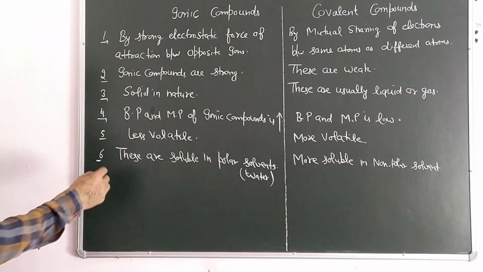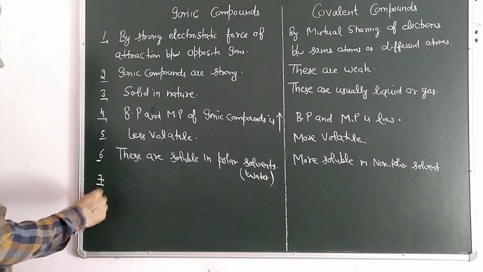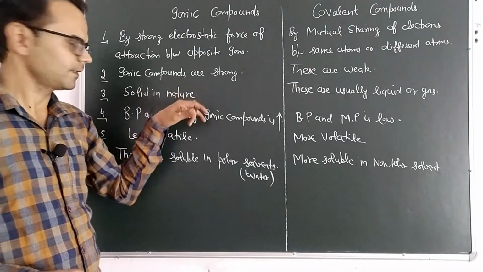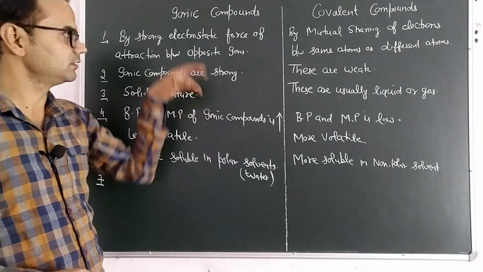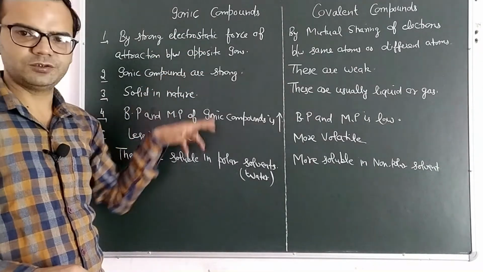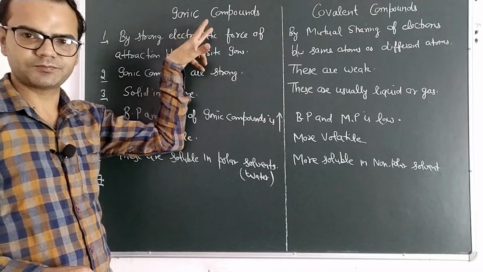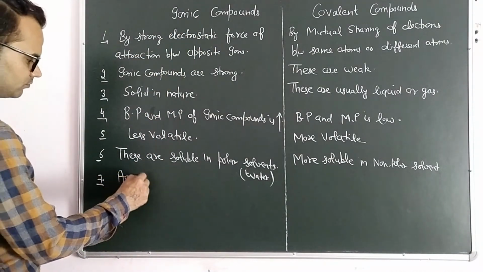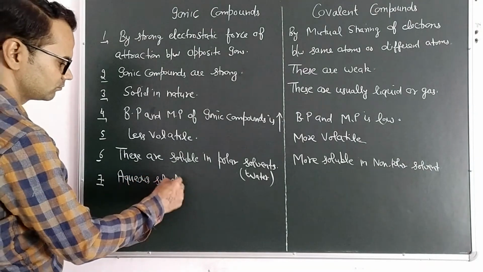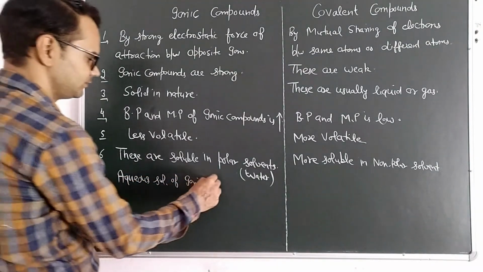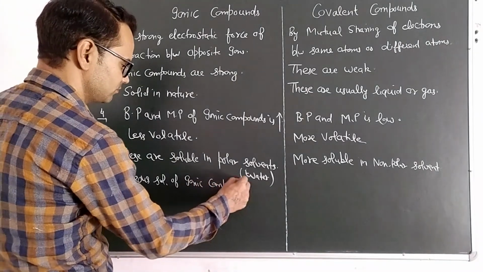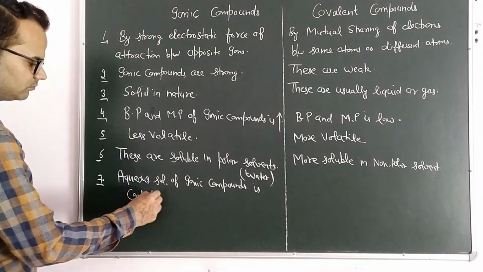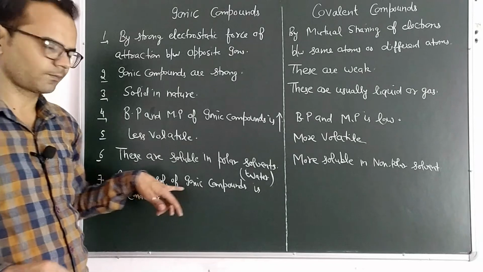Next, if ionic compounds are in solid state, then they are insulators. They never conduct electricity in a solid state. But when an aqueous solution of an ionic compound is prepared, then they conduct electricity. The aqueous solution of ionic compounds is a conductor of heat or current.